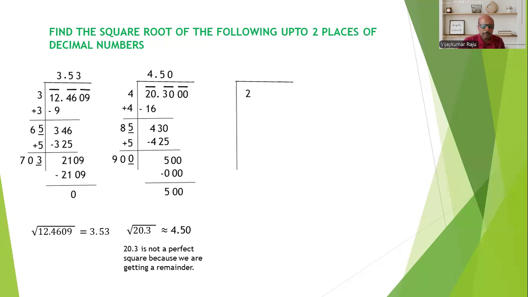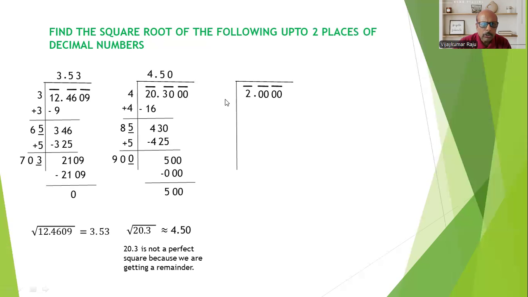Square root of 2. Only one digit is there and they are telling me to find the square root to 2 places of decimals. So I have to put a point here, take 2 pairs of zeros. Now this will be a 1 bar, and here you will put a second bar, third bar.